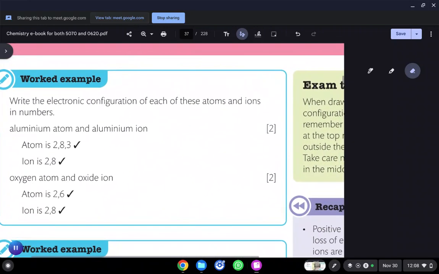Okay, in your exams you may be asked to write the electronic configuration in this manner, like 2,8,3, or in the form of shells, like first shell, second shell, and third shell. So over there you have to draw the diagram. But another new learning here in this worked example is the electronic configuration of ions.